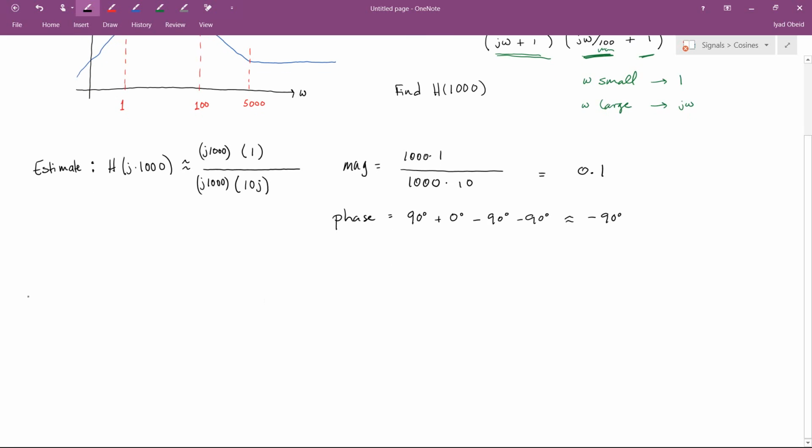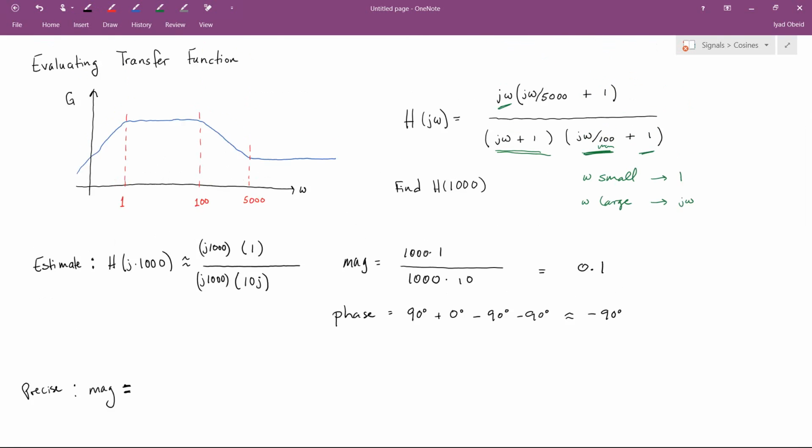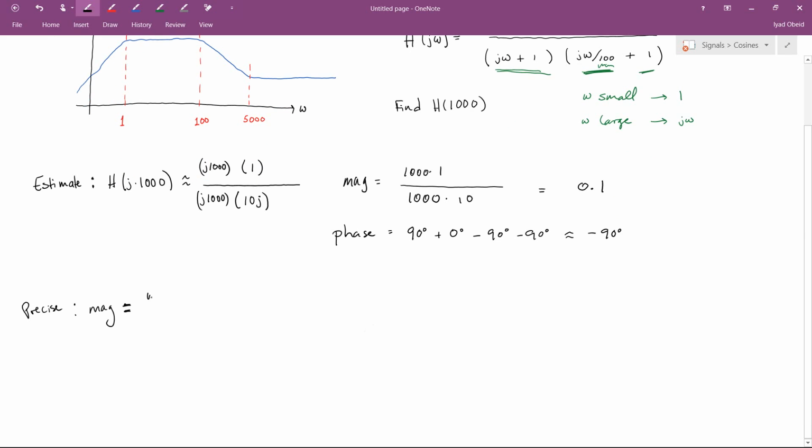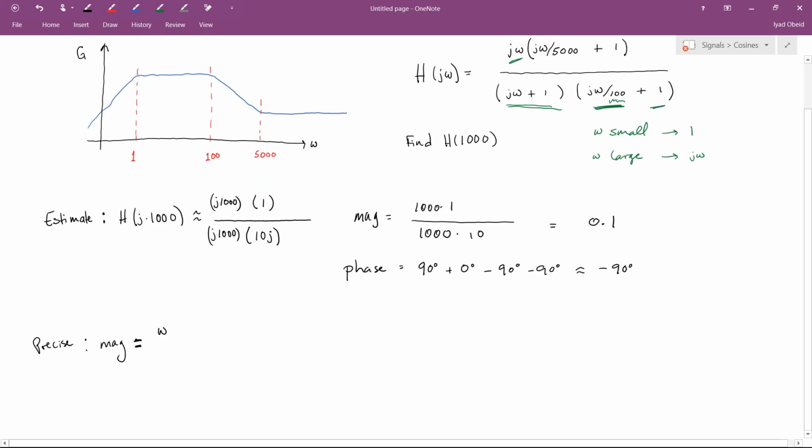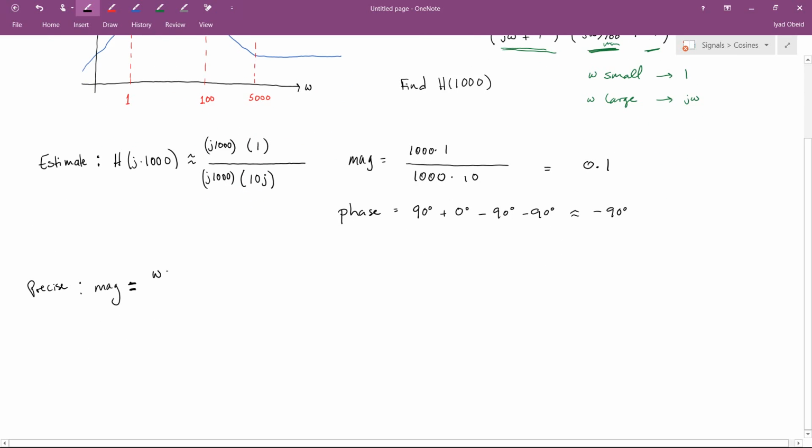Now let's get the precise method, and the precise method is literally plug and chug. If I want to get the magnitude, it's going to be the magnitude of each one of those terms. The magnitude of j omega is just omega. The magnitude of j omega over 5000 plus 1 is the square root of omega over 5000 squared plus 1.